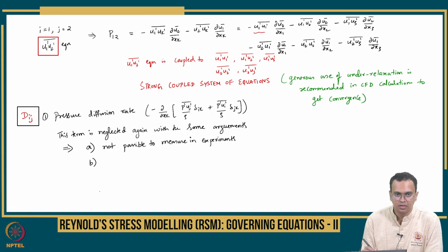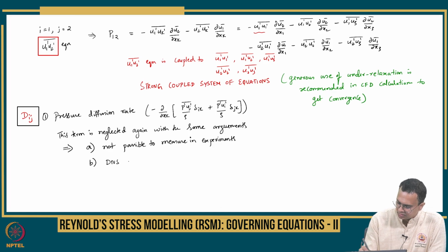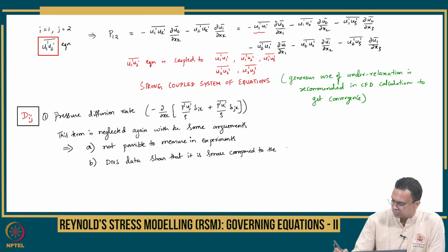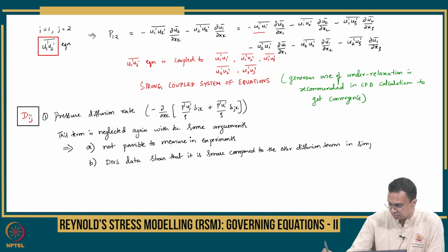And the other argument is that from the DNS data, we see that it is small compared to the other diffusion rates in simple, or I can just say canonical, shear flows.